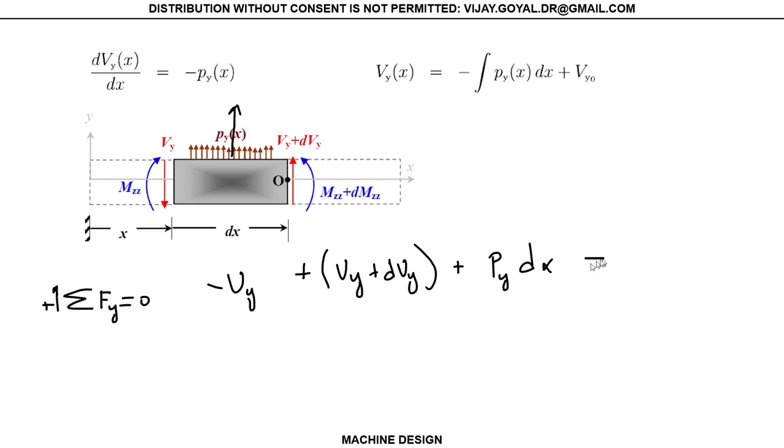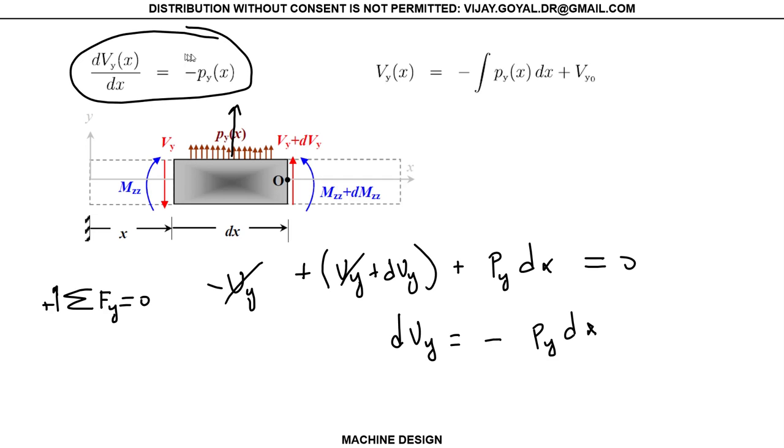So this is equal to 0. You can see my y's cancel out, and I end up with dvy is equal to minus py d of x. So if I divide by d of x on both sides, I get this equation.